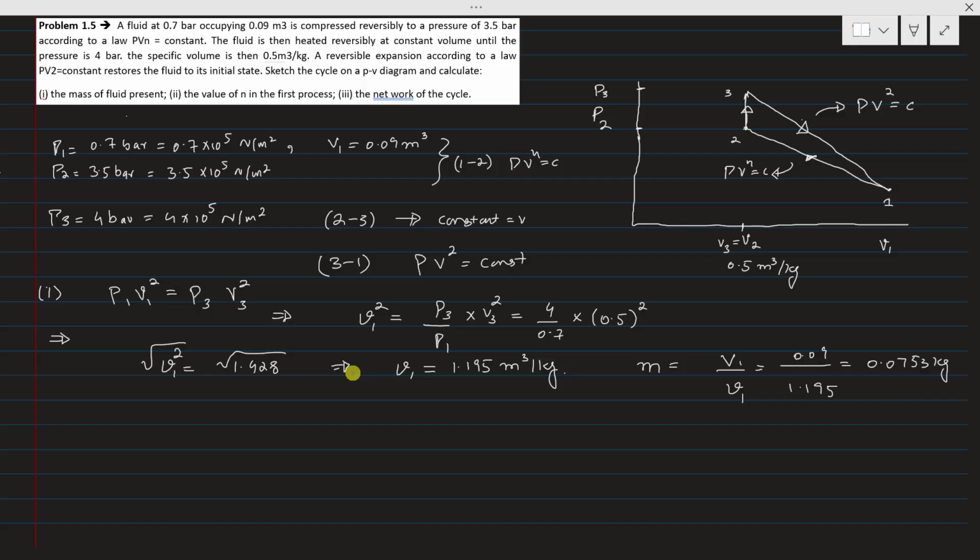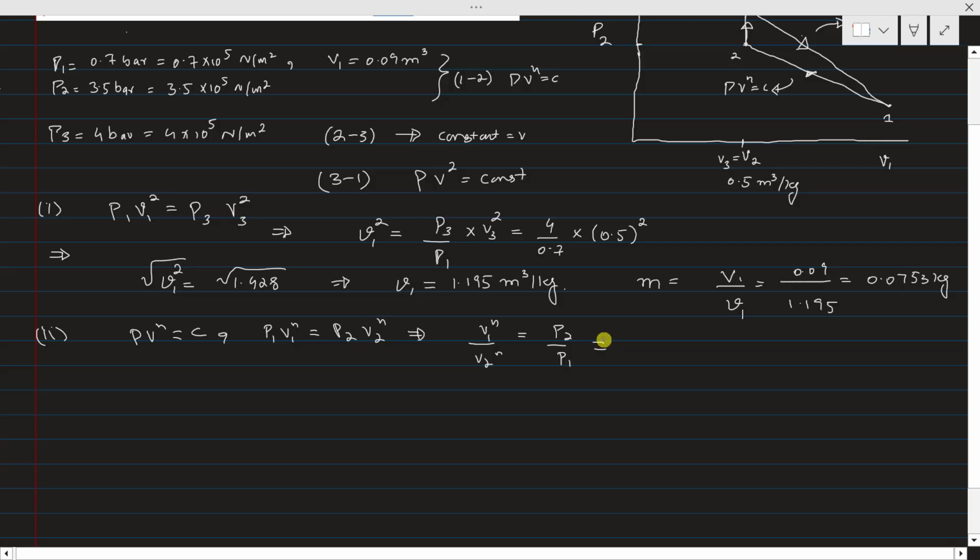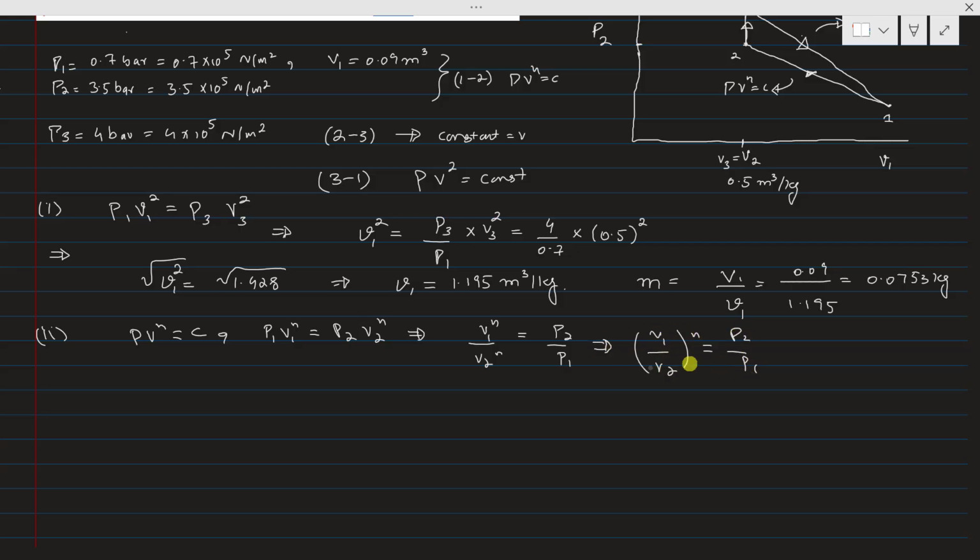Next is to find the value of n in the first process. Put the values of V1 and specific volume v1, v2 and pressure P2 in this formula. Specific volume v1, specific volume v2 is 0.5.